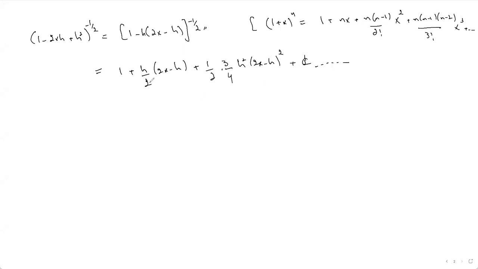Now I will write down some general terms, because third term, fourth term, what could be the third term, by the way, it will be 1 by 2, 3 by 4 minus 5 by 8, h cube, 2x minus h raised to power 3.